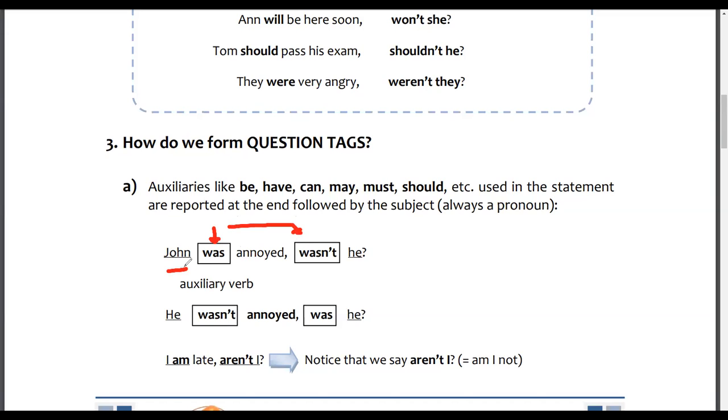But what we need to do is to turn this John into a personal pronoun, making reference to the person we are talking about in the main clause, which is John. Okay, so John is male, he's a man. And the personal pronoun for a man in the singular form is he. So there you go. John was annoyed, wasn't he? Wasn't he? Okay.